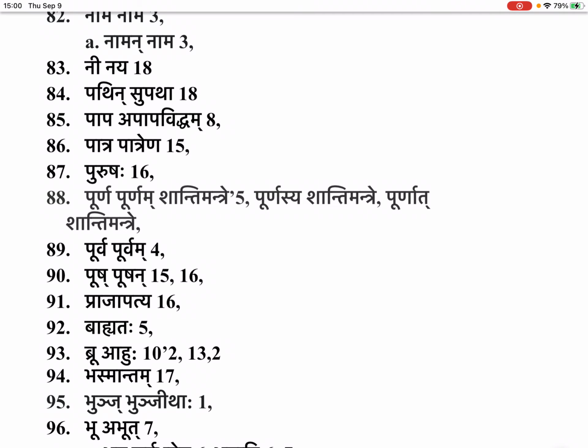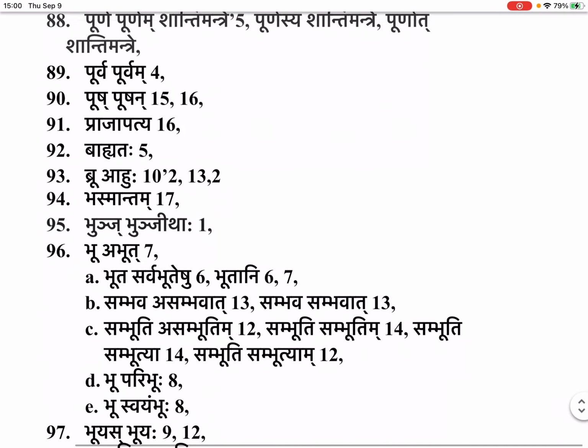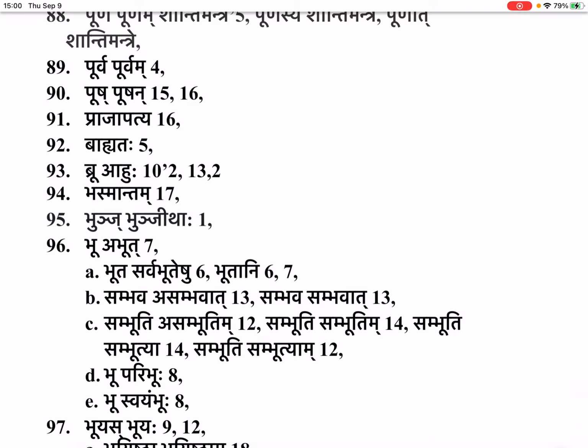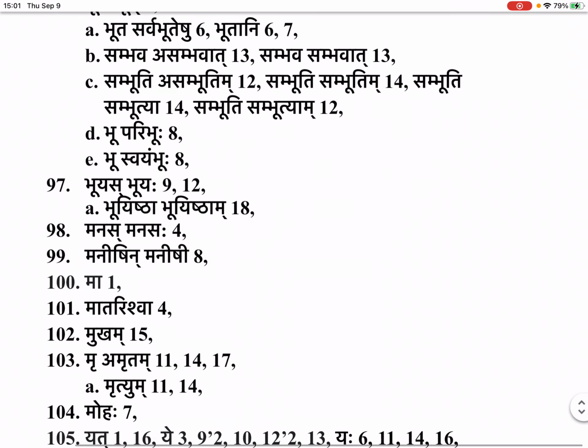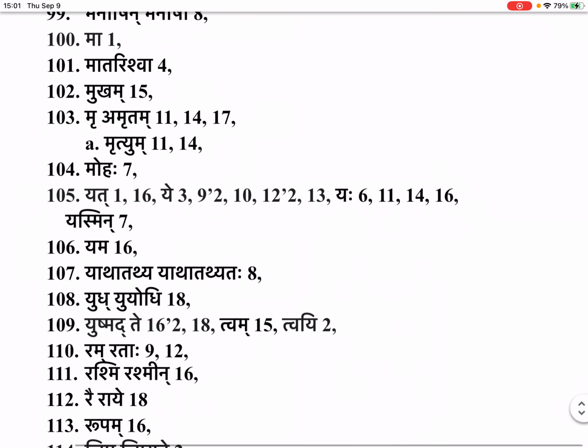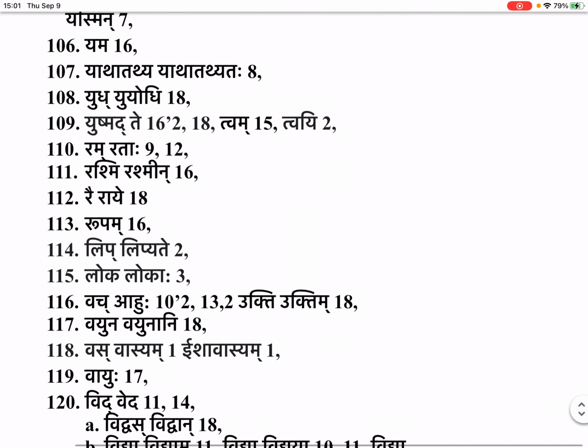Purva, purvam, bru. Now bru ahuhu at 93 is 10 apostrophe 2, 13 apostrophe 2. Actually ahuhu is a tigantam of two dhatus, dhatuhu bru and dhatuhu vach. So here at 93 I have bru ahuhu and same references 10 apostrophe 2, 13 apostrophe 2 for ahu, but with dhatu vach as listed in, let me see, vach at 116.